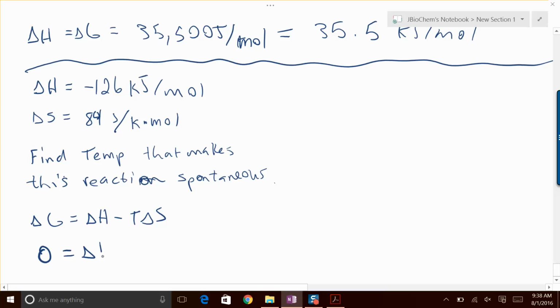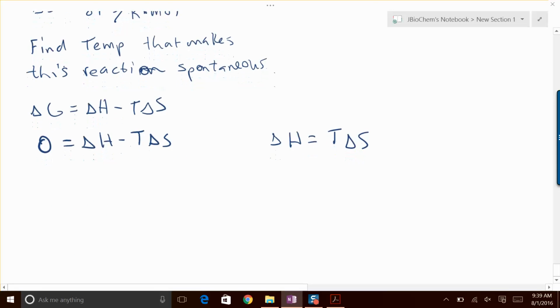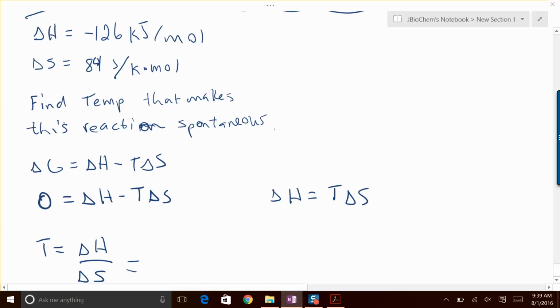So 0 equals delta H minus T delta S. Then delta H equals T delta S, if I move this term over here. Now, to find the temperature, T equals delta H divided by delta S. That's the equation to find the temperature if I set delta G equal to 0.